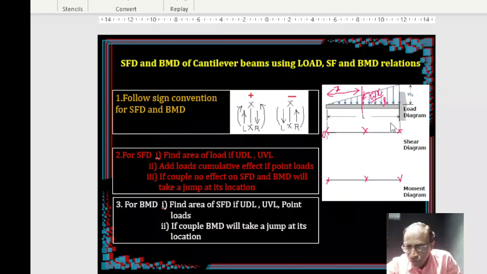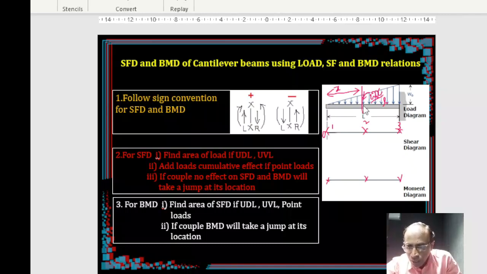At a distance of L, the loading is W naught. At a distance of x, it becomes proportionately W naught x by L, right? So I got the intensity also. Now what is the area of this diagram up to this point, because I am interested at this point. Say this is my point number 1, point number 2, point number 3. At point number 1 I got the ordinate 0, and at point number 2 I have to get the ordinate.